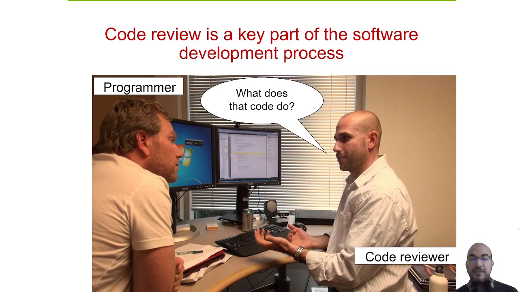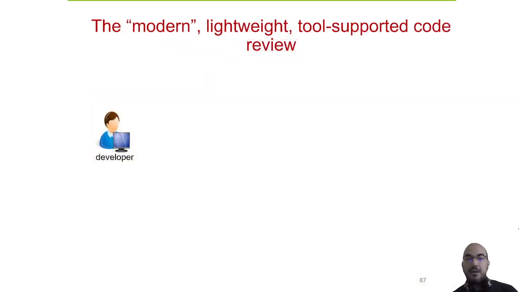So today there is a high tendency to use what we call modern code review, which is a lightweight, less formal, and tool-based process that is now already in practice and adopted by both industry and open source systems. To take a look at that, we can see a developer here submitting a code change to be merged with a code base.